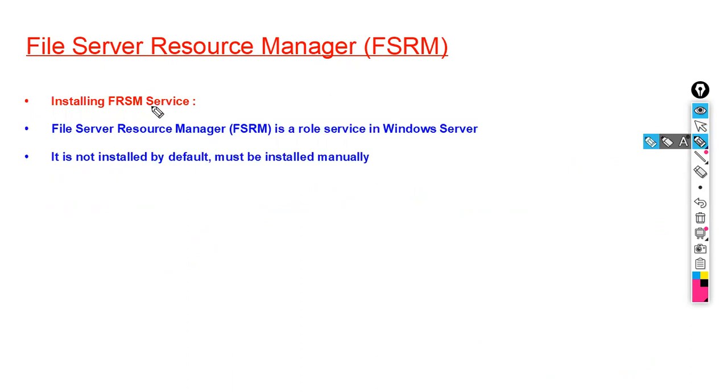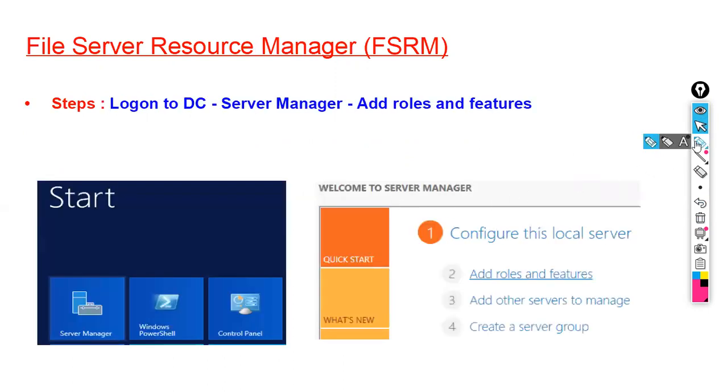So let us see how to install this FSRM service. File Server Resource Manager is a role service in Windows Server and it is not installed by default, it must be installed manually. Let us see how to install it. We will log on to the domain controller, then go to Server Manager, then Add Roles and Features.